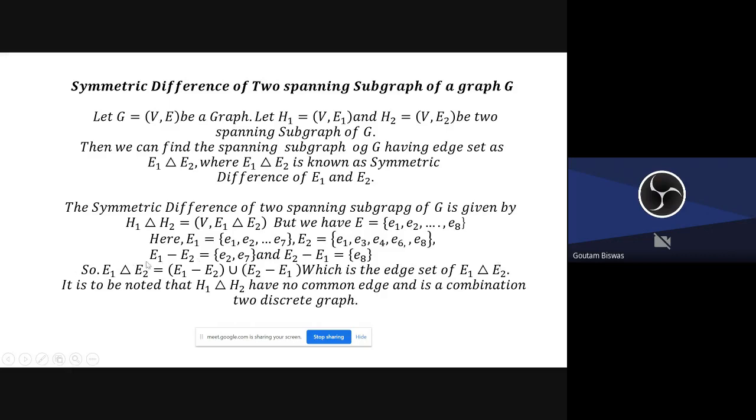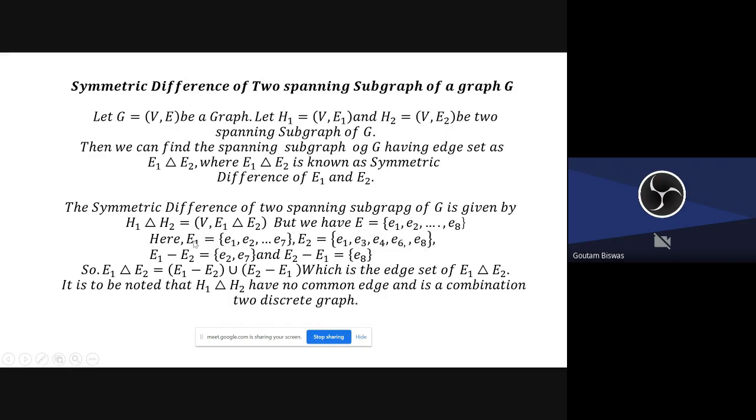Now this one is the union, so E2, E7 and E8. So this difference is very important. Remember this.